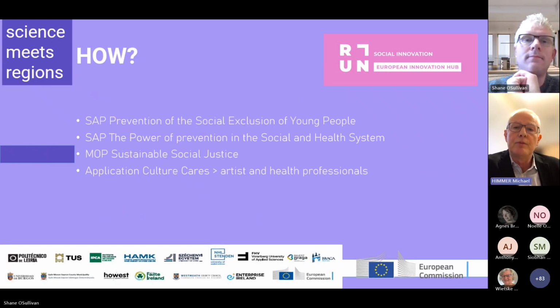In concrete terms, we brought together people who already work together in successful cooperation. One of these successful cooperations are the SAPs, short advanced programs in the field of prevention of the social exclusion of young people. Another SAP was the power of prevention in the social and health system.